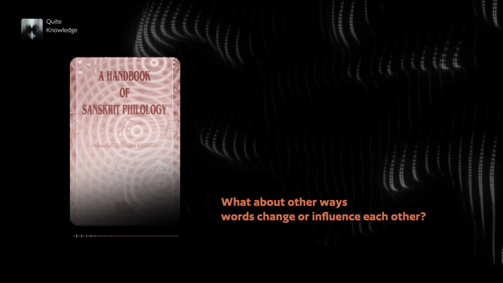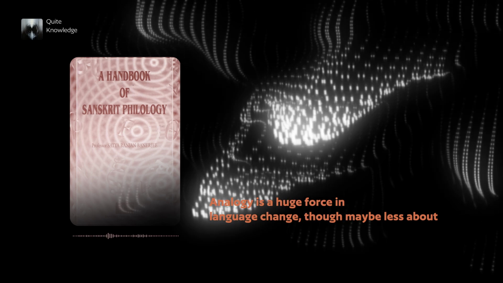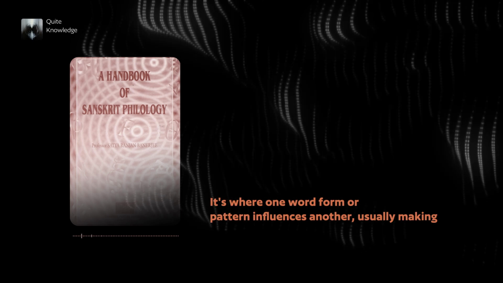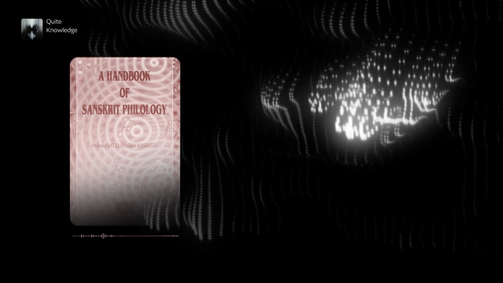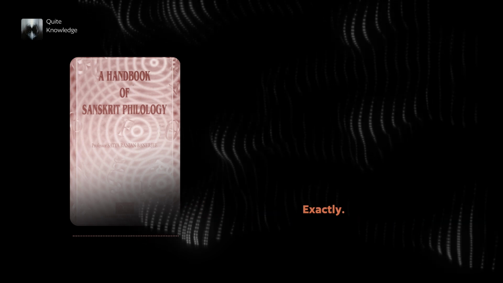What about other ways words change or influence each other? Analogy. Analogy is a huge force in language change, though maybe less about forming new words and more about reshaping existing ones. It's where one word form or pattern influences another, usually making things more regular or consistent. Like if one type of noun declension starts to copy another more common one. Exactly.